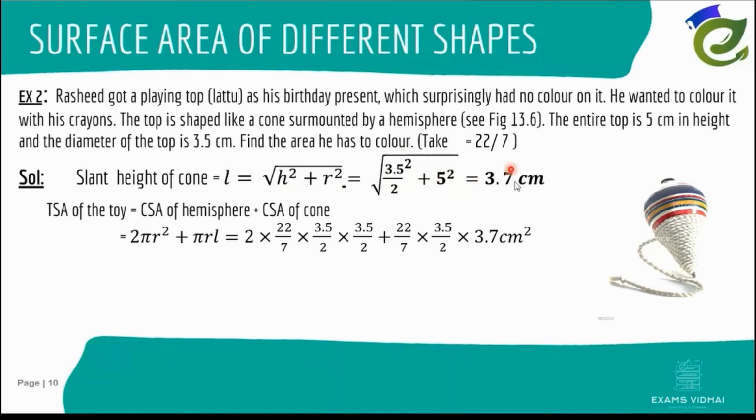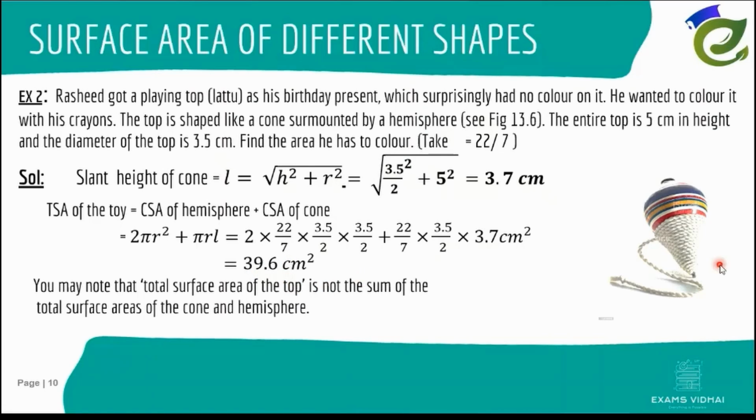One important thing here is that we are asked to take pi as 22 by 7. So we take pi as 22 by 7 and substitute the values and calculate. It makes it easier to cancel by taking pi as 22 by 7. Calculating the above, we get the total TSA of the toy as 39.6 centimeter square.